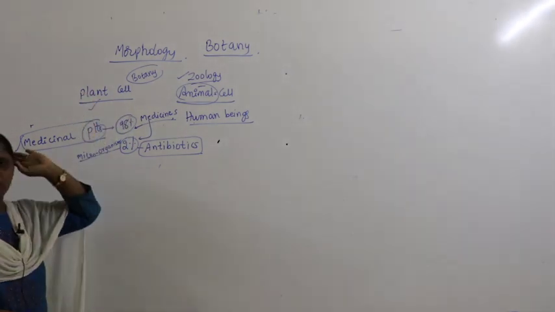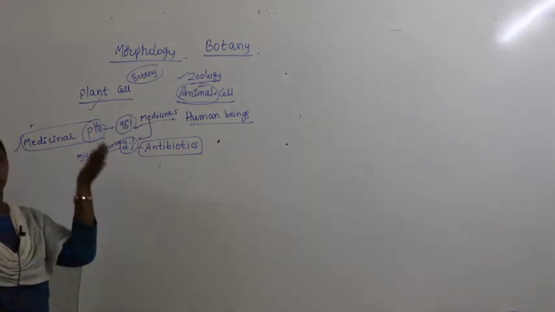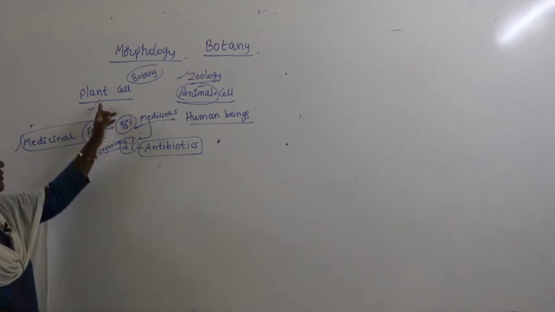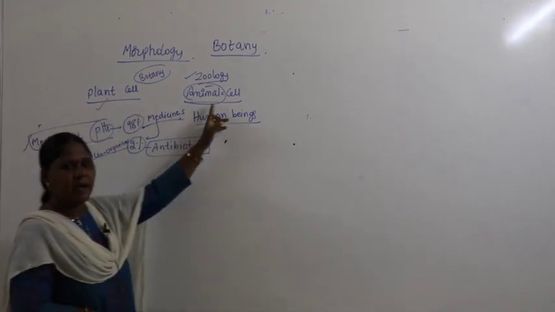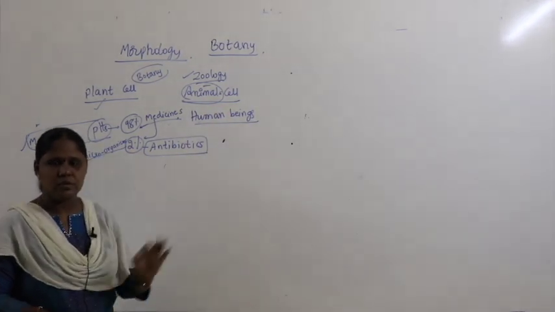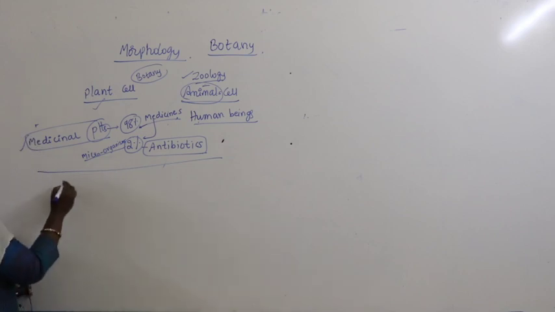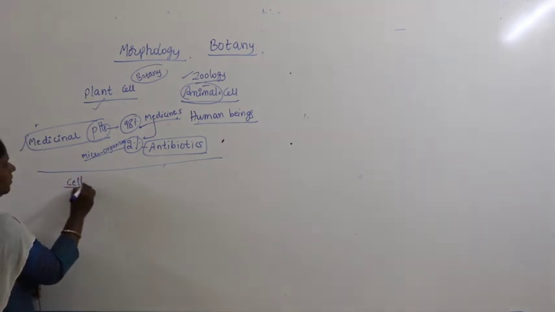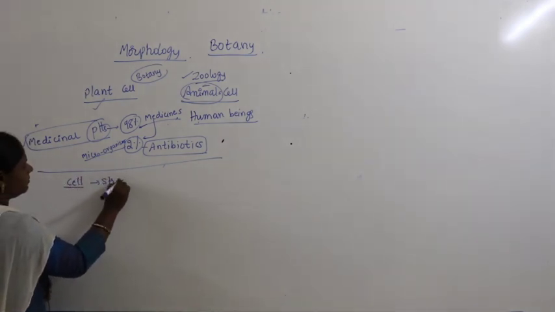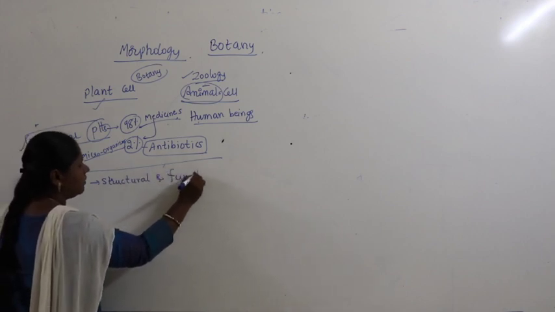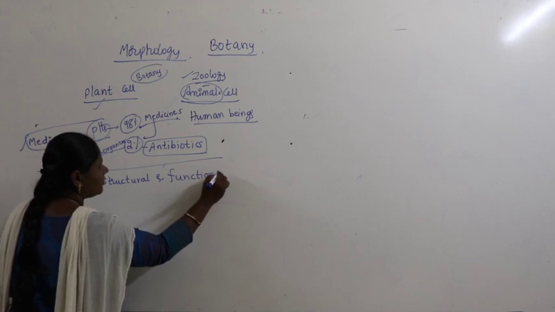Botany is very important. To support the intermediate syllabus, already in your lower classes you studied very clearly the difference between plant cell and animal cell. So, first of all, if you want to start with botany, guys, all of you know it very well, the cell is nothing but the structural and functional unit of life.